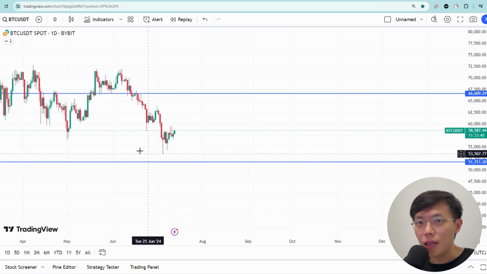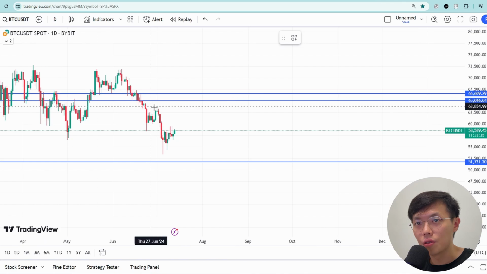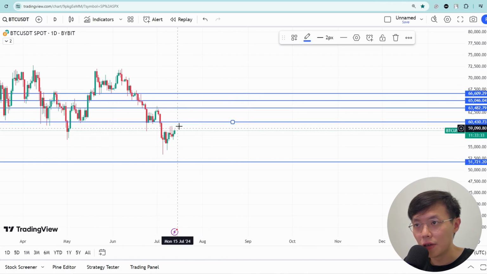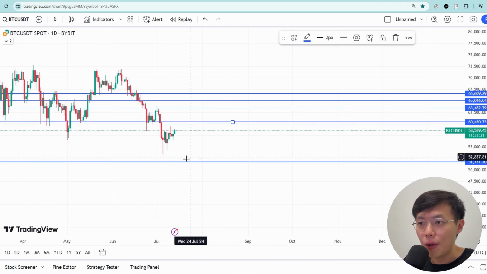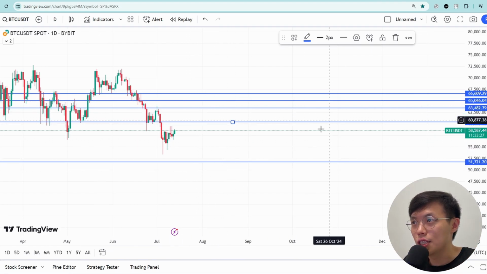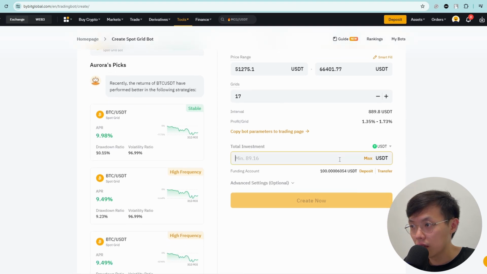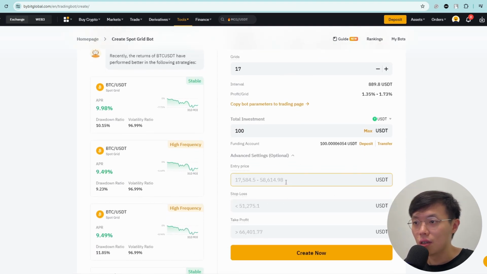So with this, I have 17 grids in between, like 1, 2, 3, 4, 5, all the way to 17 grids. So you buy and sell around this range. This is where the manual trading board is where I set it up. So this is how it would trade. You can also set the entry price, stop loss, and take profit.